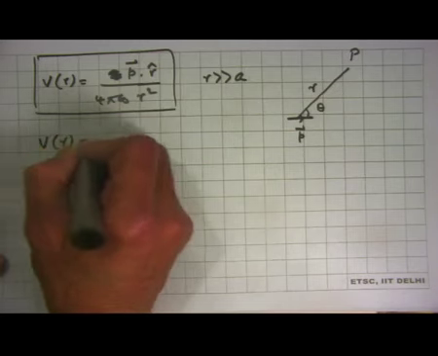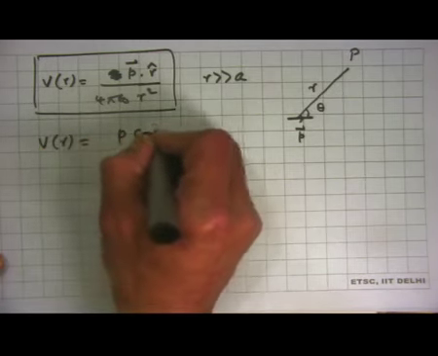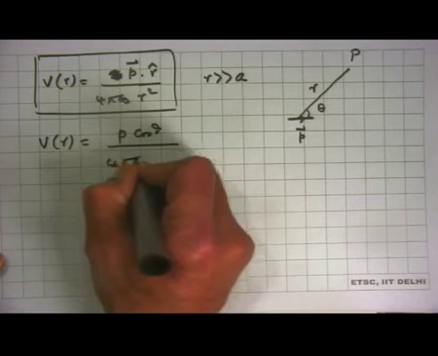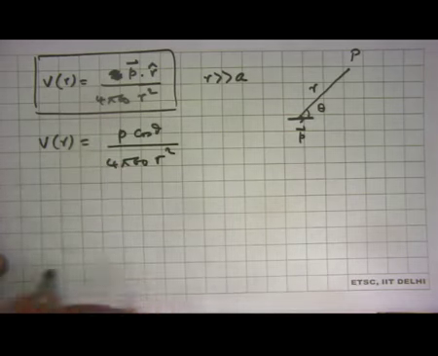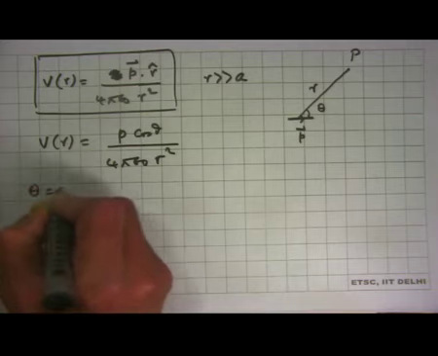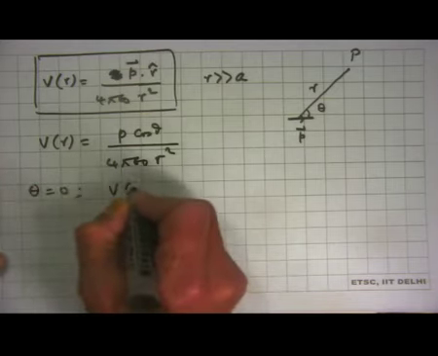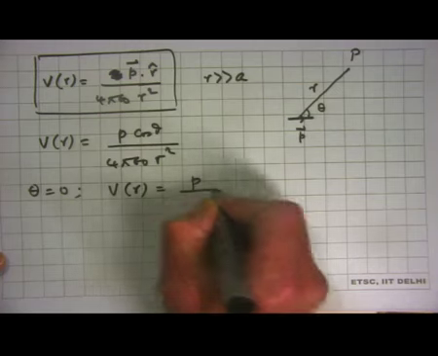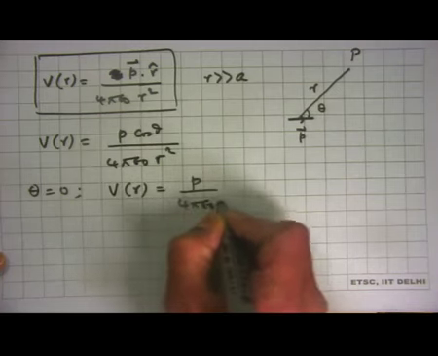So, if I write in terms of theta, this is equal to P cos theta by 4 pi epsilon 0 r square. If you take theta equal to 0, V of r along this line is P by 4 pi epsilon 0 r square.